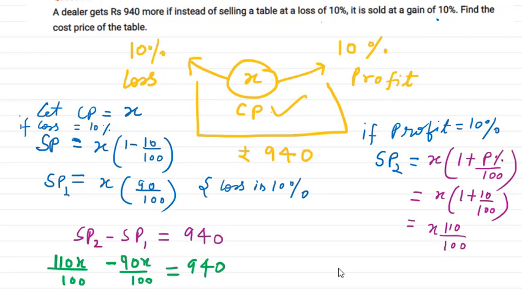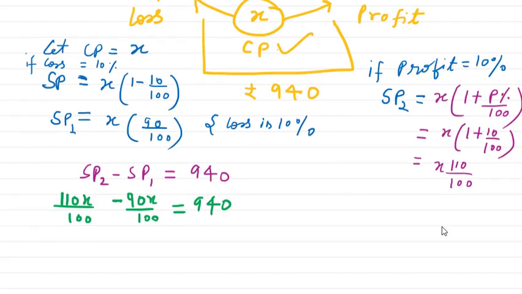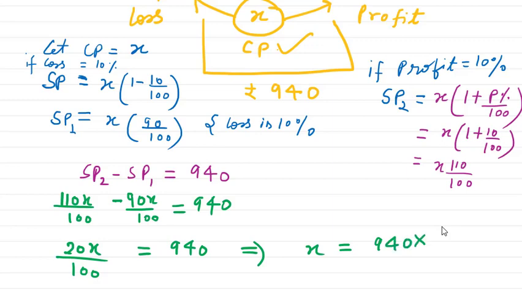Simply calculate it to get the value of X. So here you can take 100 LCM. So after taking that in the numerator, you will get 20. 110 minus 90 is 20 by 100 equals to 940. So here your X will be 940 into 100 divided by 20.